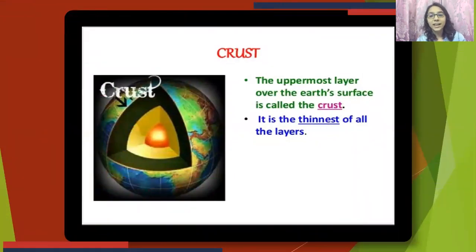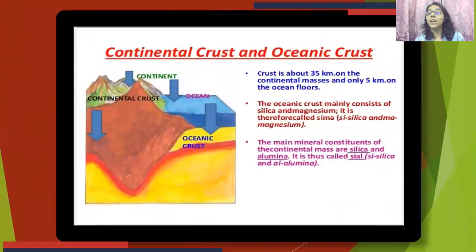Now, moving ahead, the first and the uppermost layer of our planet Earth is the crust. It is the thinnest of all layers. Now you will be really amazed to know that the crust is further divided into two parts, which are the continental crust and the oceanic crust. Now what is the difference between these two crusts?